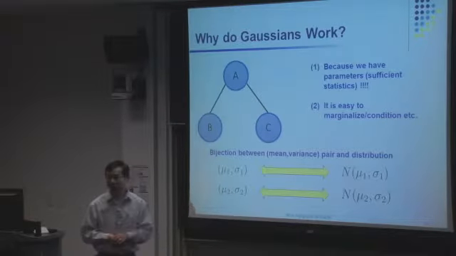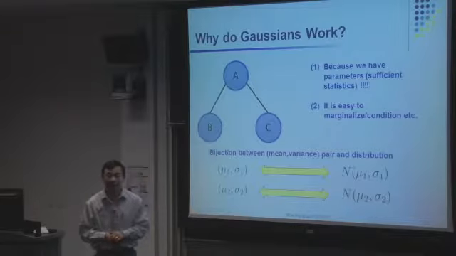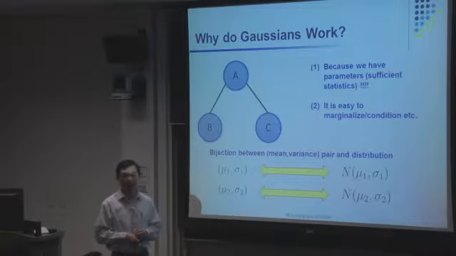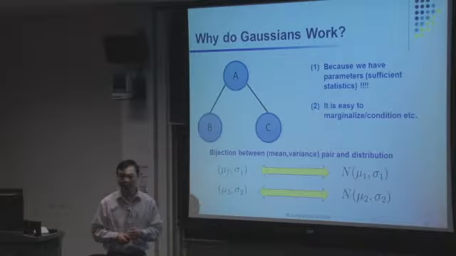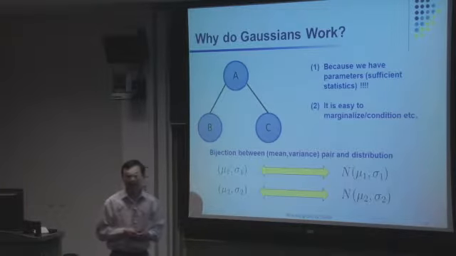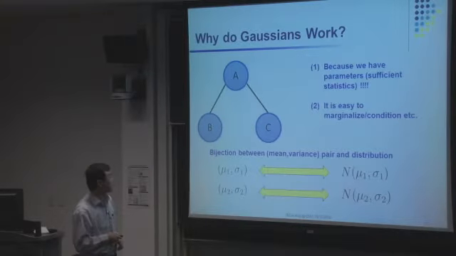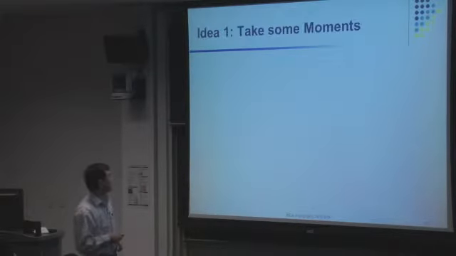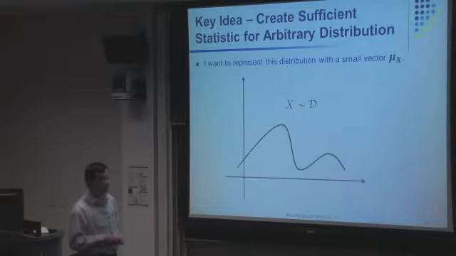We learned, for example, how to deal with marginalization and conditioning on Gaussians. The conditional distribution under a Gaussian is itself a Gaussian, and the conditional mean and conditional covariance come from sub-vectors and sub-blocks of the original covariance matrix, and so on and so forth. Then we have the matrix inversion lemma, all that kind of tricks to allow you to do closed form conditional inference. So these are all good for Gaussians, but if you are in this domain, you really cannot benefit from a Gaussian assumption because the data isn't Gaussian.